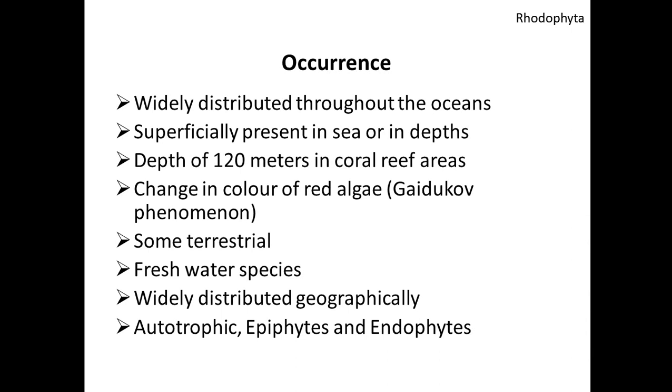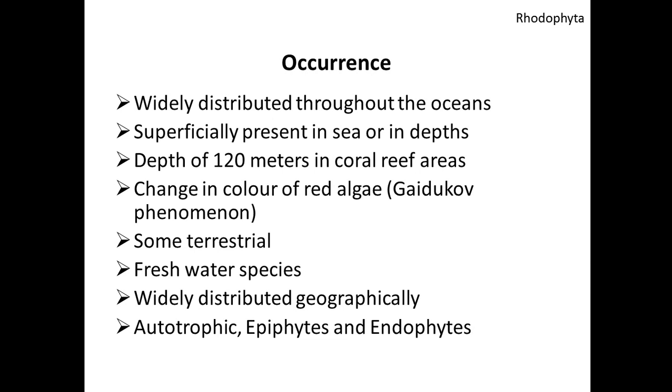Now, it is not always that the red alga is red. The color of the alga changes depending upon its location in water. If the red algae is found in deep water, then the color is red. That means it has more R-phycoerythrin, due to which the alga appears red.